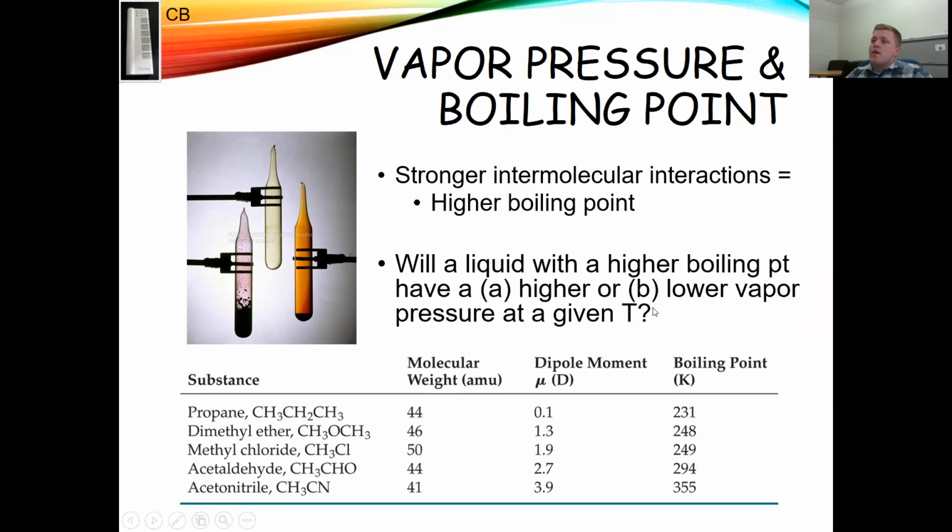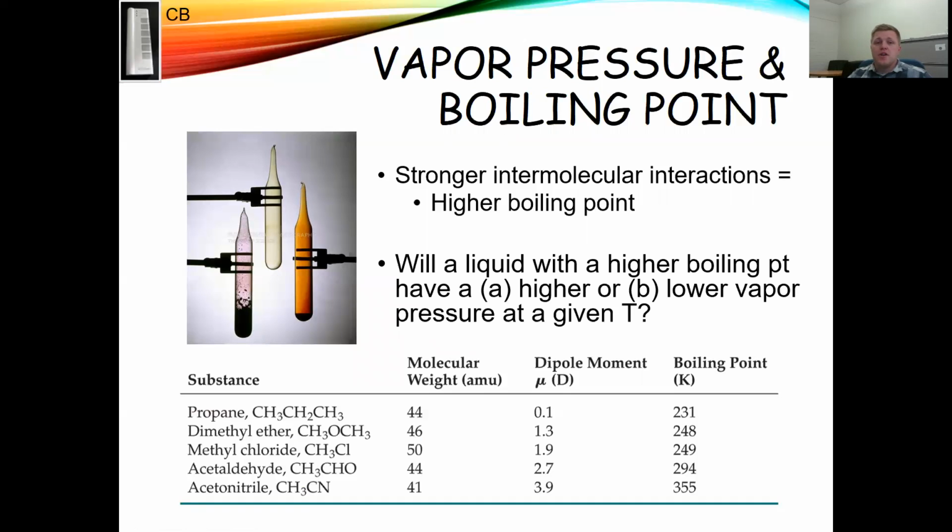If molecules are more sticky, with more intermolecular interactions, you're going to have a higher boiling point because it's harder to pull them apart. But you're also going to have a lower vapor pressure. So a higher boiling point means a lower vapor pressure.